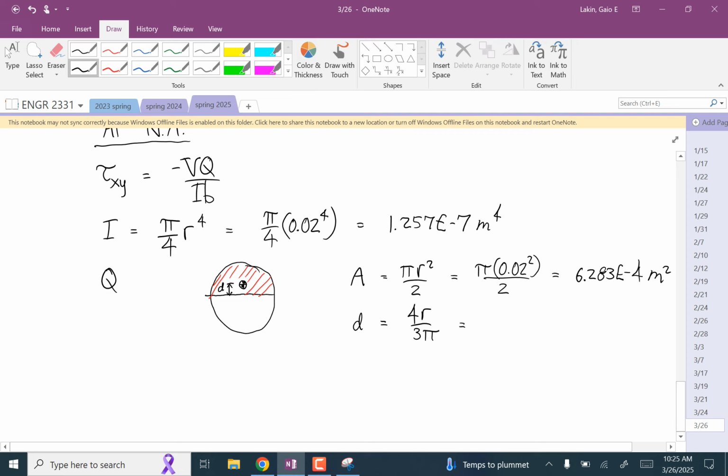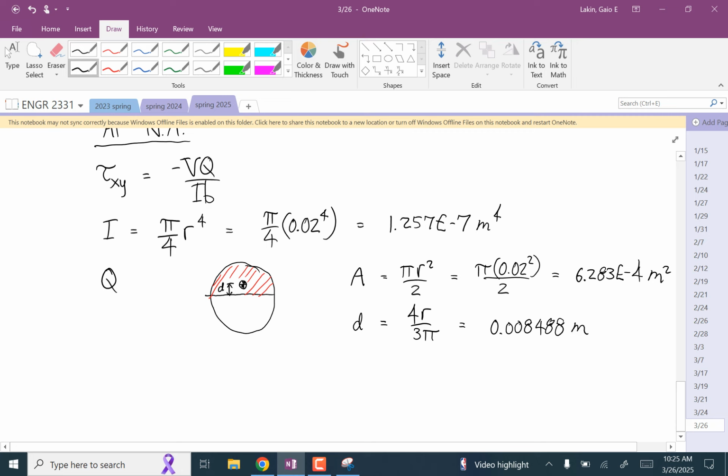Okay, so 4 times 0.02 divided by 3 divided by pi. And I got 0.008488 meters.